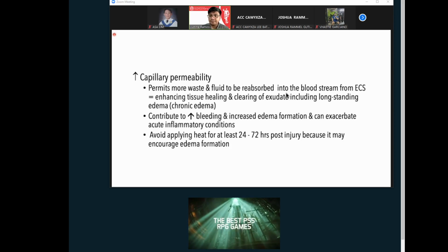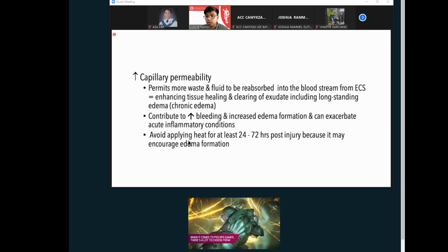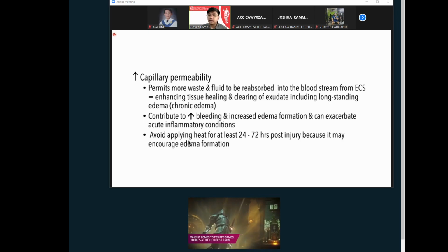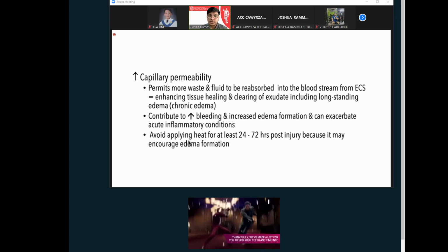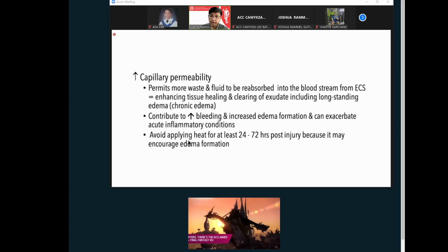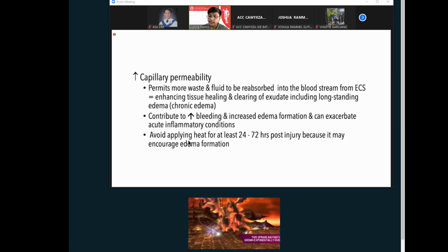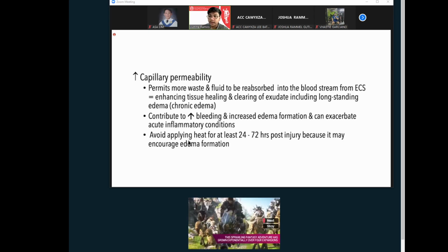And at the same time, okay, pag nag-apply ka ng heating modality, okay, you're just increasing the fluid formation. Okay? But in turn, ang effect naman nun is that it increases or yung removing, okay, property nung mga waste at saka yung excess fluid na yon along the area is greater.